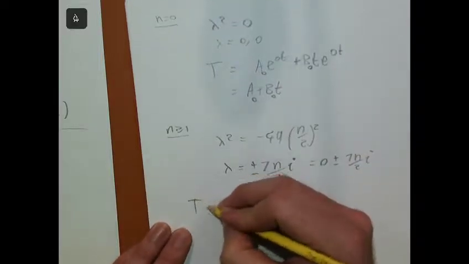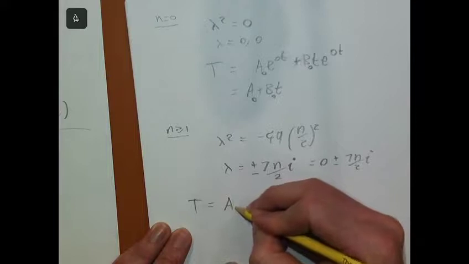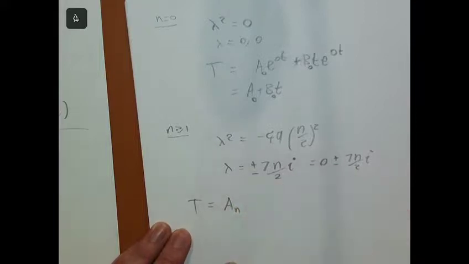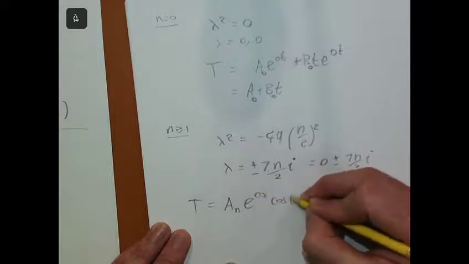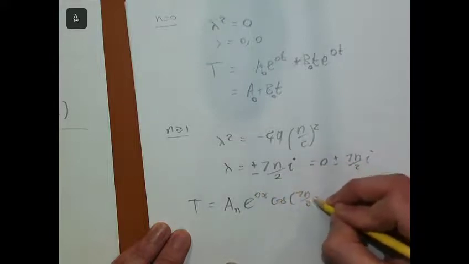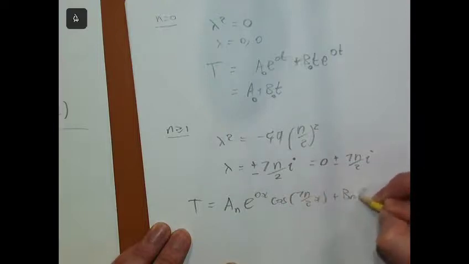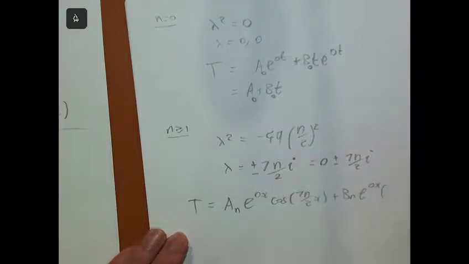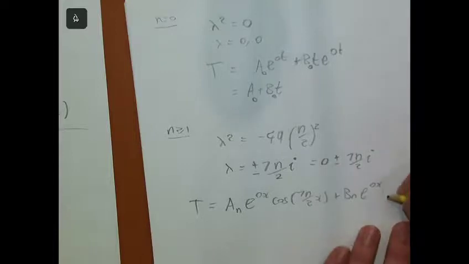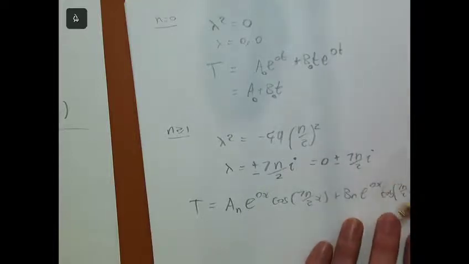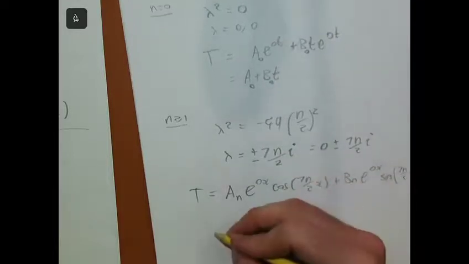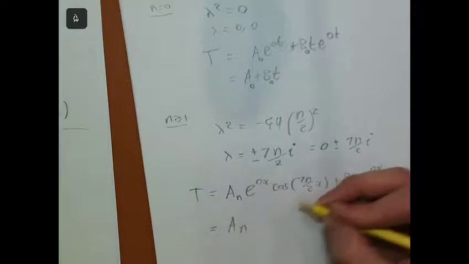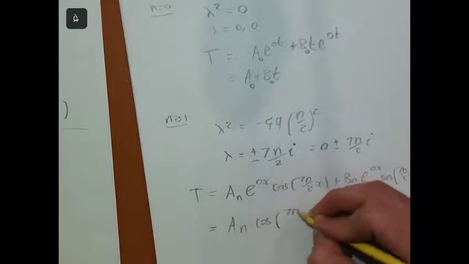And so we get that t is a, well, it's an n, a e to the 0x cos 7n on 2x plus bn e to the 0x sine 7n on 2x. I don't need the 0x's, but I'm just chucking them in because I feel better.